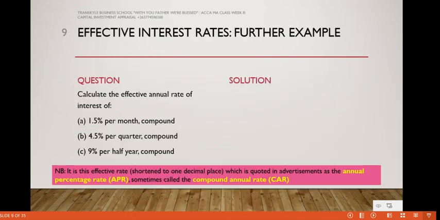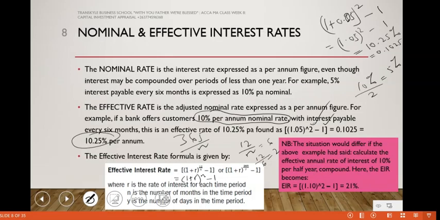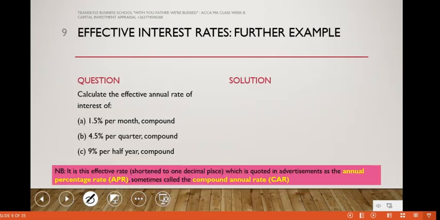So let us do the example there and determine the effective annual interest rate. But you need not forget that for the effective interest rate you also need to adjust with this one, so that you get the actual percentage of interest.